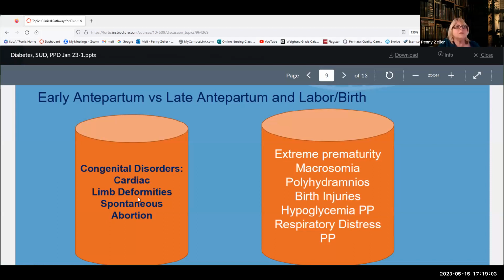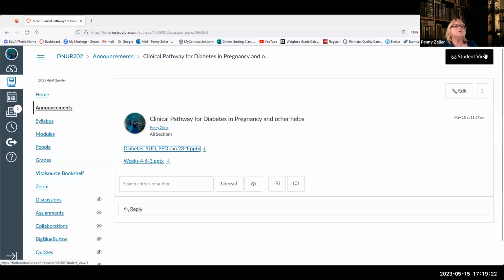Later, stillbirth. Okay, it's not listed: extreme prematurity, macrosomia, birth injuries, and so forth. So you can study this one too. This kind of puts it all together for you.